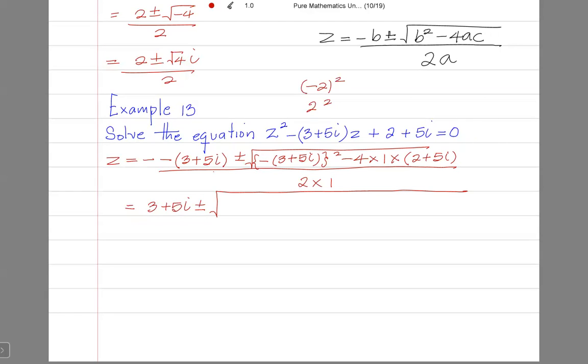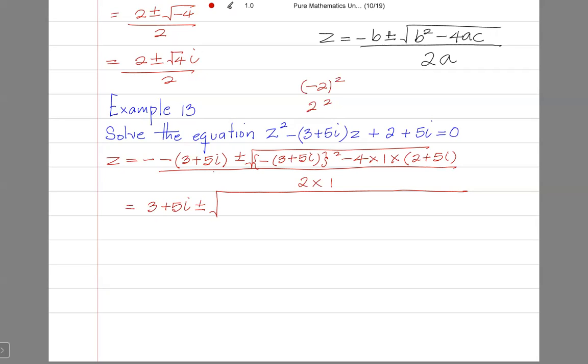So if I have the negative of a number or the positive of a number, if I square them, the answer is going to come out the same. So minus 3 plus 5i squared is the same as 3 plus 5i squared. Do you agree? Yes, sir.